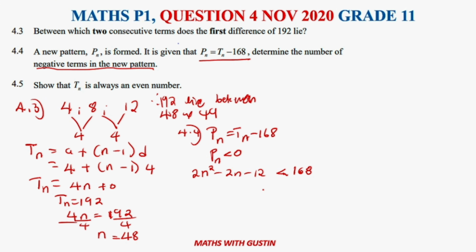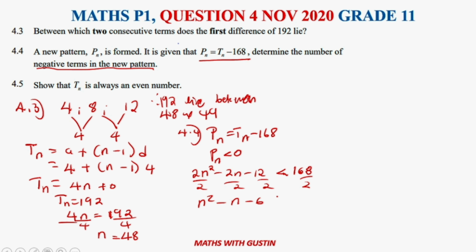So now we're gonna look for that n value where everything is less than, it's a negative number. Okay, so we're gonna divide everything by 2, because already I can see that we have got this 2 where 2 is a factor. It's going to be n squared minus n minus 6. Then I take this number that side.